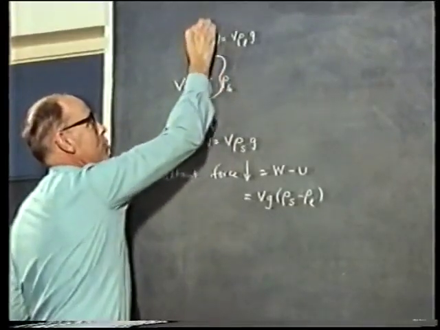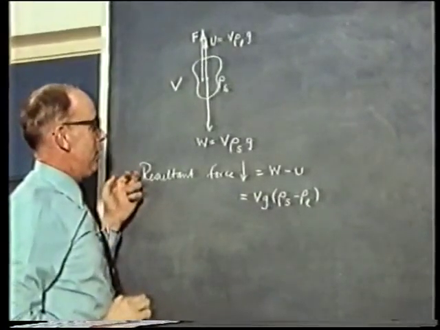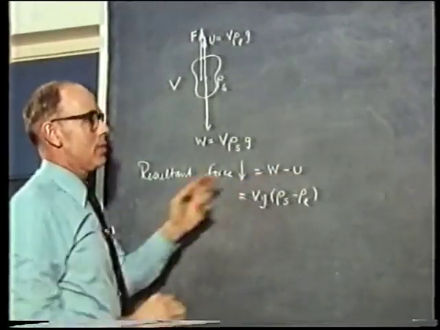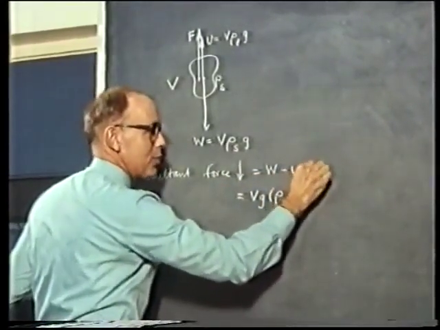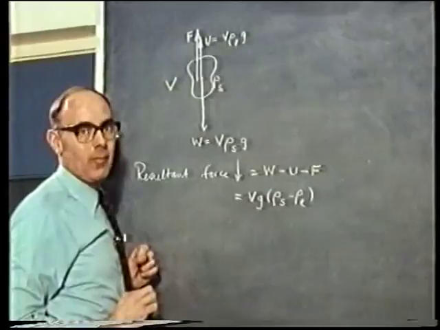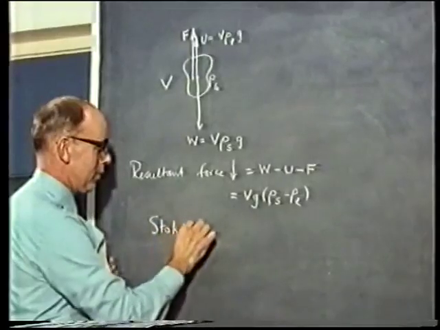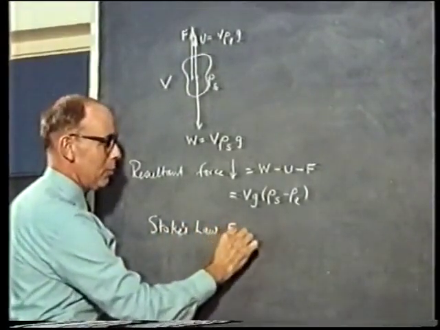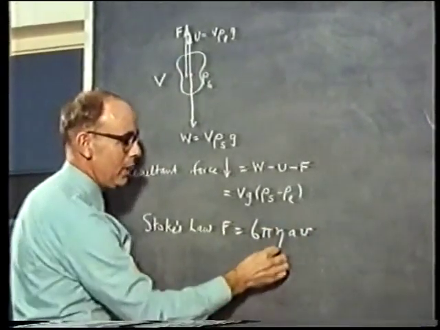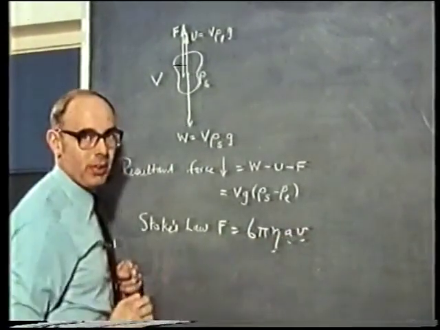We're interested in the viscous force, which we can call F. The resultant downward force is now the weight force minus the upthrust minus the viscous force F. If the particle is a sphere of radius A, then Stokes' law says that F will be equal to 6 pi eta AV, where eta is the coefficient of viscosity, A is the radius, and V is the velocity.